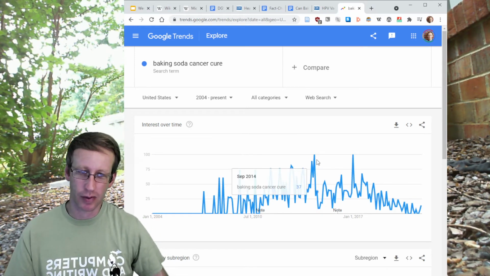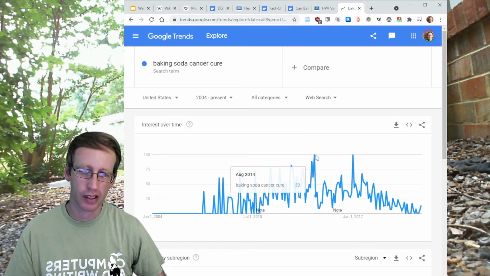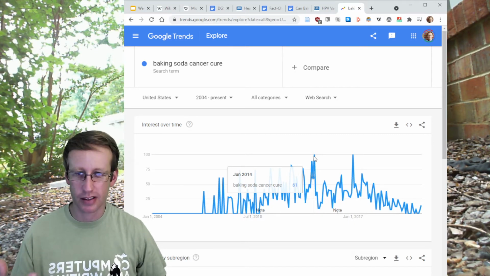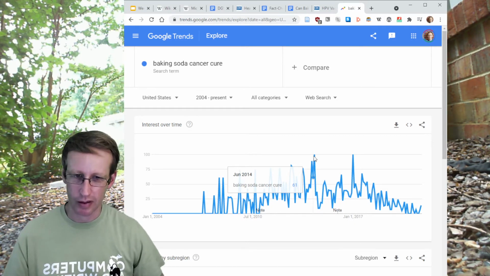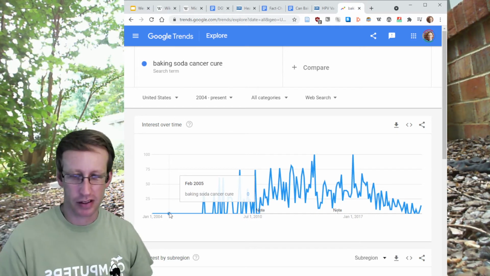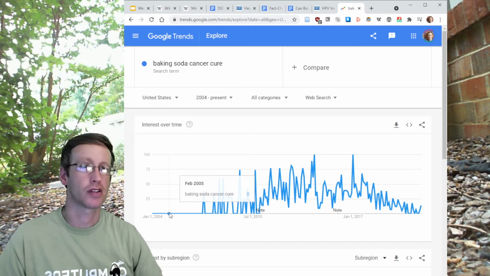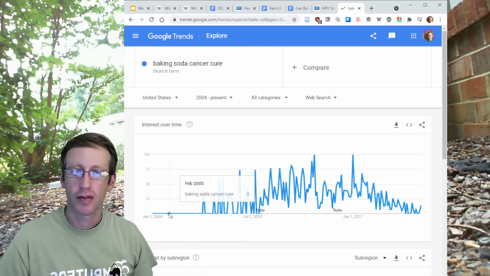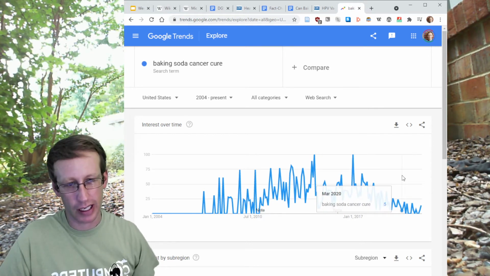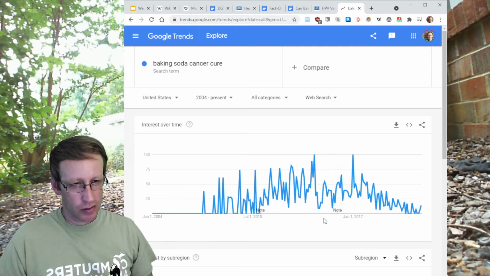So it being 100 in June 2014 means that's the highest it got, relative to February 2005 when there was 0. That doesn't mean no one was searching for it. It just means relative to how many people were searching later, and then rounded to the nearest integer, I guess. So let's see, what does this note say?